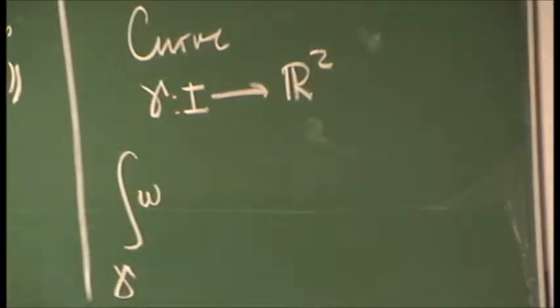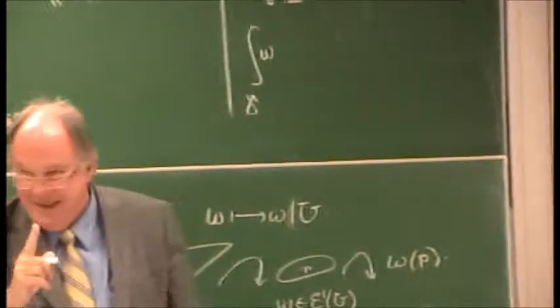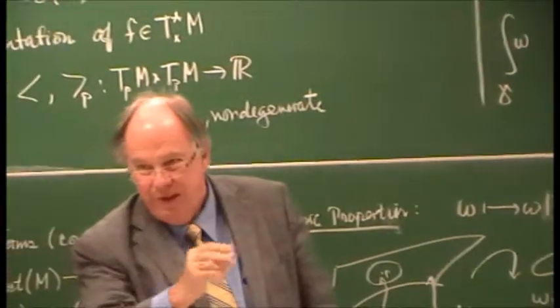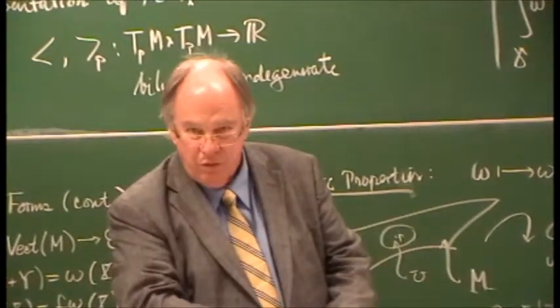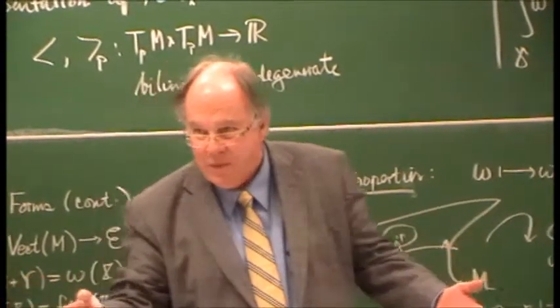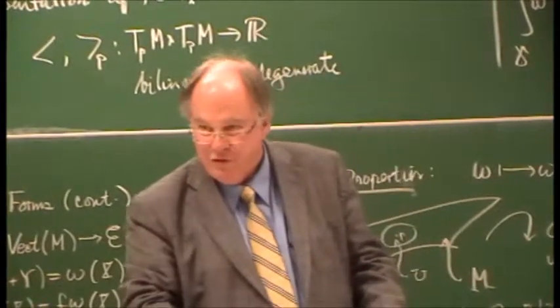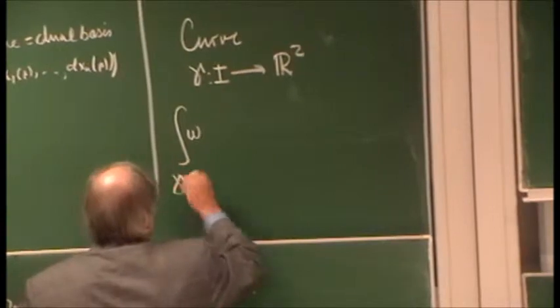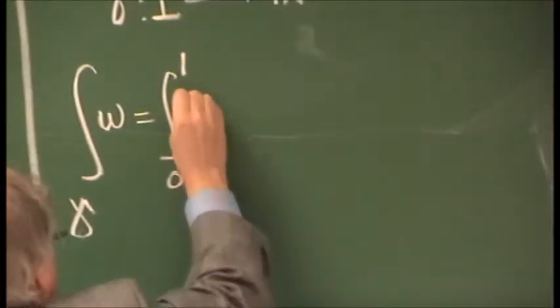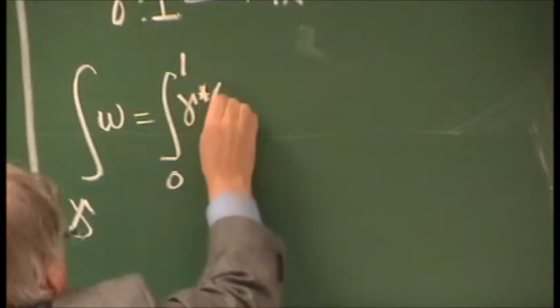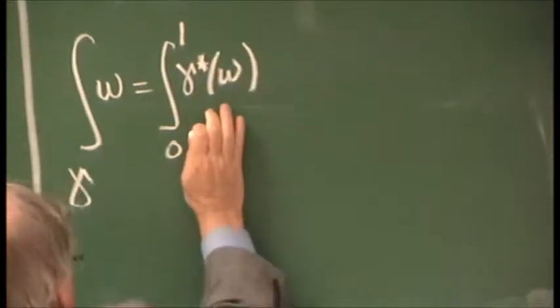That's the reason for the number 1. I'll tell you something about the future: 2-forms you integrate over 2-dimensional things, 3-forms you integrate over 3-dimensional things, whatever they are. 1-forms you integrate over curves. So we integrate a 1-form over a curve. That's the integral; you just pull it back to the curve and integrate it.